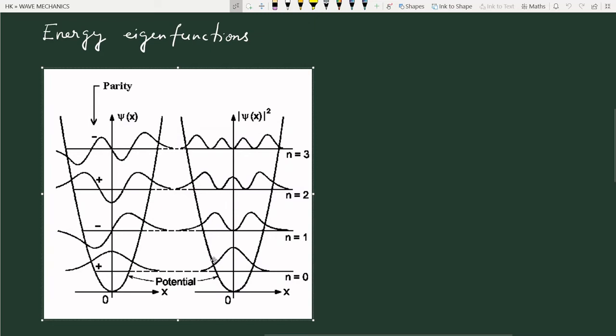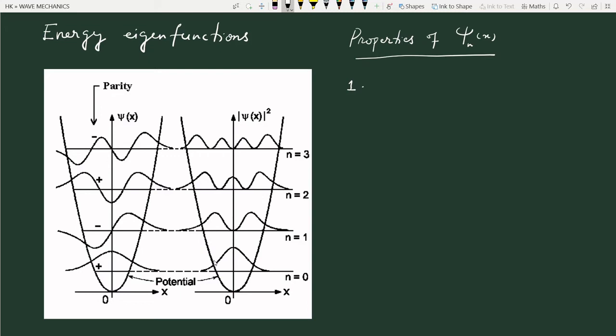Let us look at the properties of these wave functions psi n x. The first property: let us look at the ground state wave function.